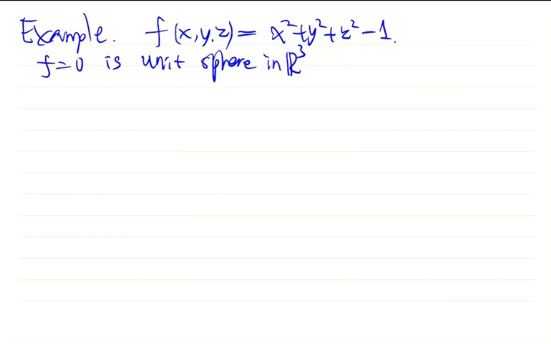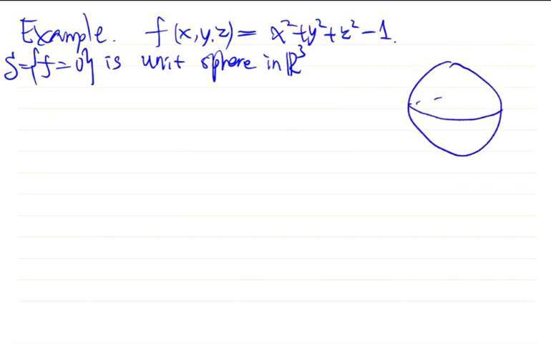This we denote by S. So take a point P with coordinates x0, y0, z0 belonging to S. Now we will find the normal vector at P of the sphere.